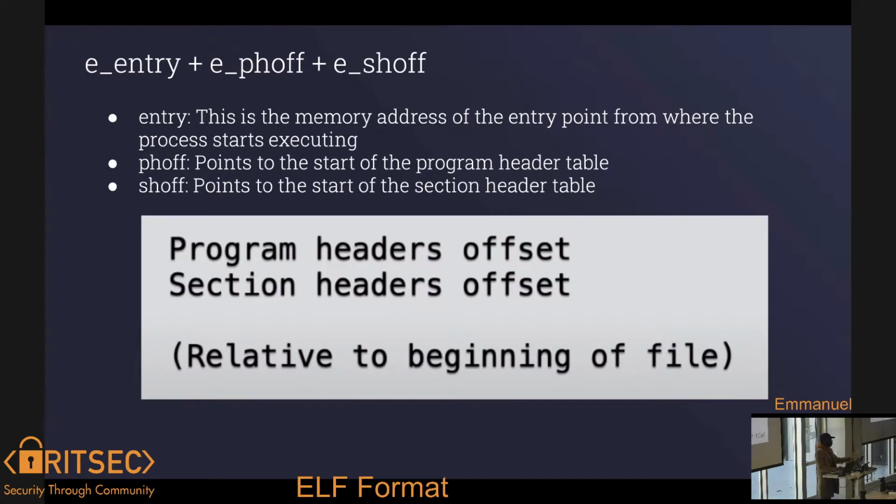The entry point again points to a memory address to tell where the process starts executing. The next one is the PHOFF, which points to the program header table. We're going to talk about what that looks like. And the SHOFF points to the start of the section header table.